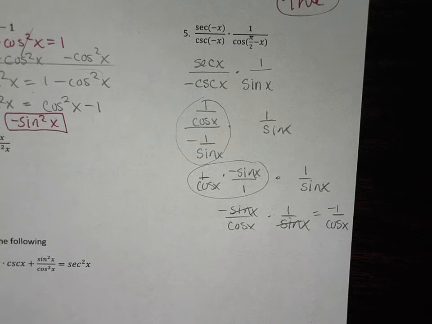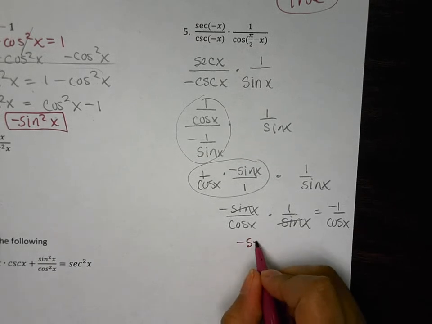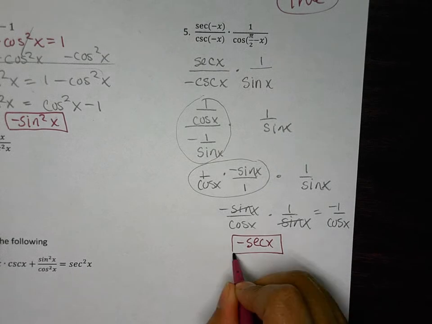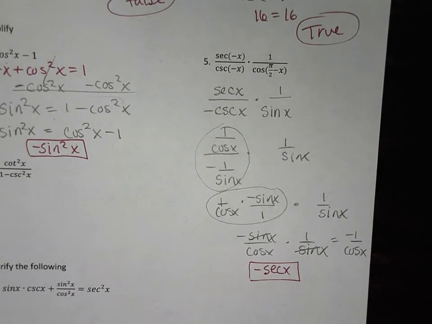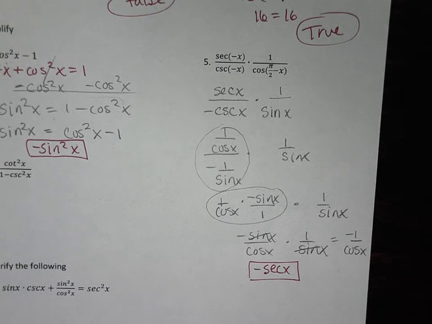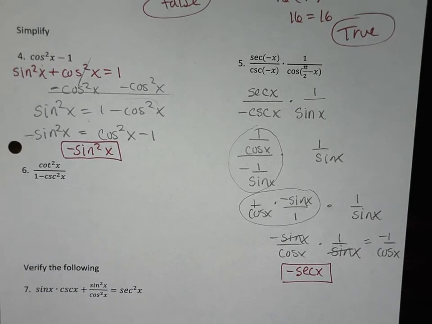You're going to get marked down. Don't leave it as a fraction. If 1 over cosine is secant, what's negative 1 over cosine? Negative secant. Final answer. How'd you guys do on that one on your own? Got it?